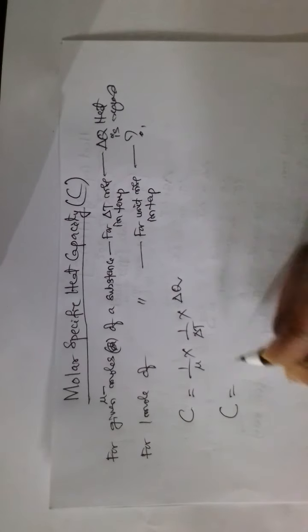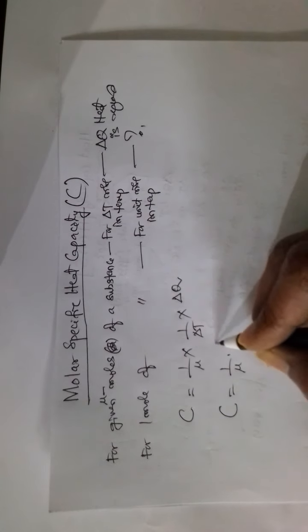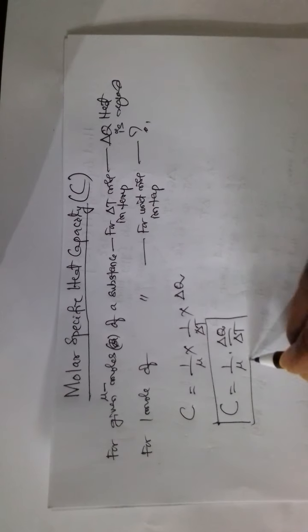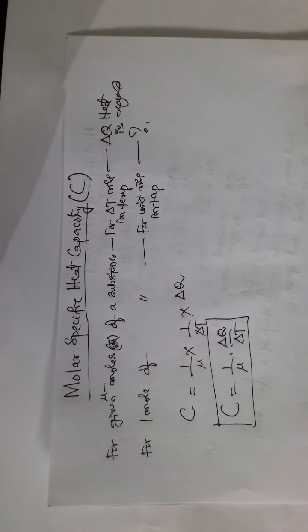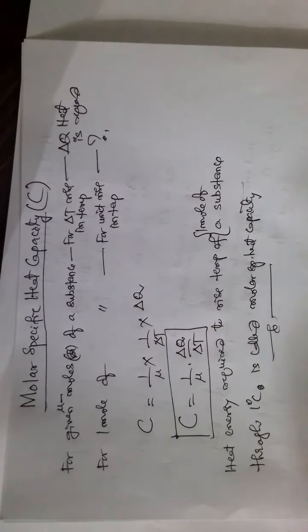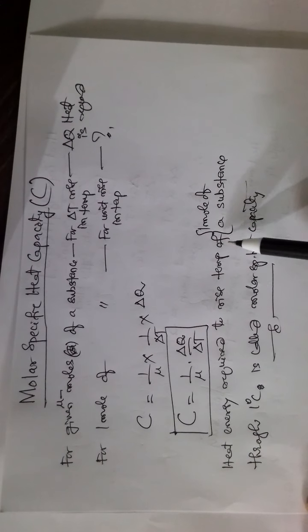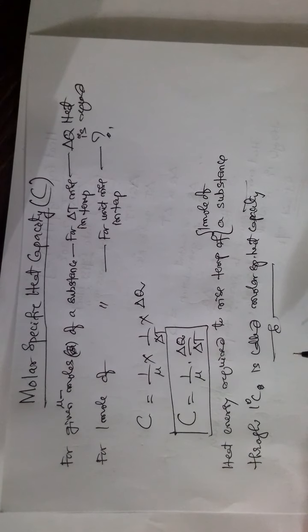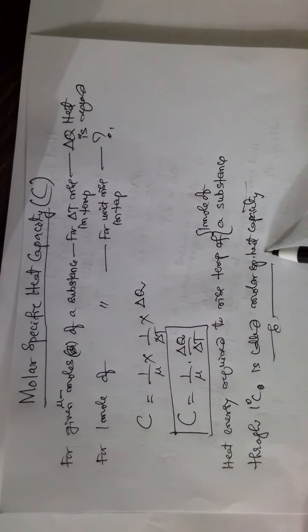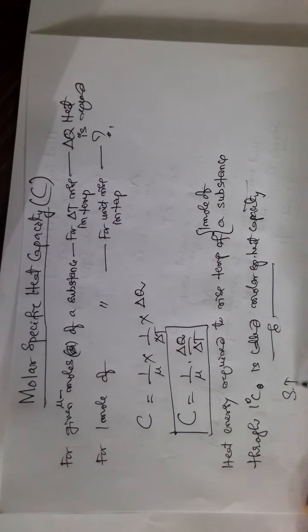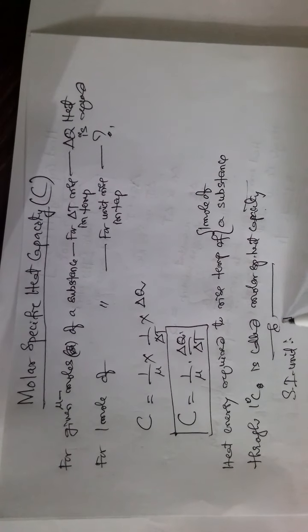So molar specific heat capacity is given as 1 by mu into delta Q by delta T. Now we define this as heat energy required to rise temperature of 1 mole of a substance through 1 degree centigrade is called its molar specific heat capacity, and its SI unit: in the numerator, heat energy joule.